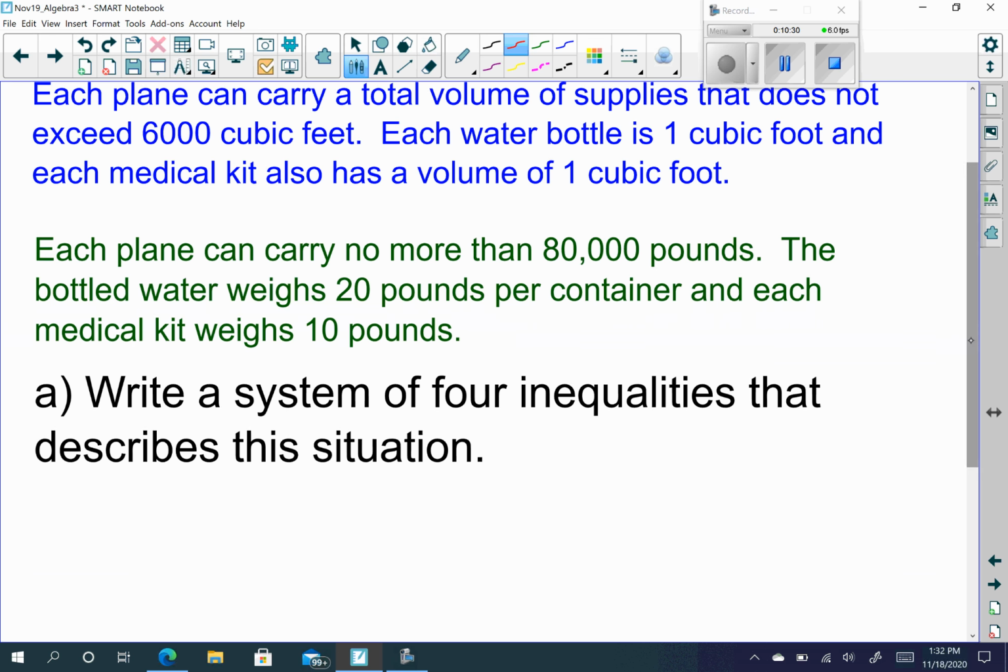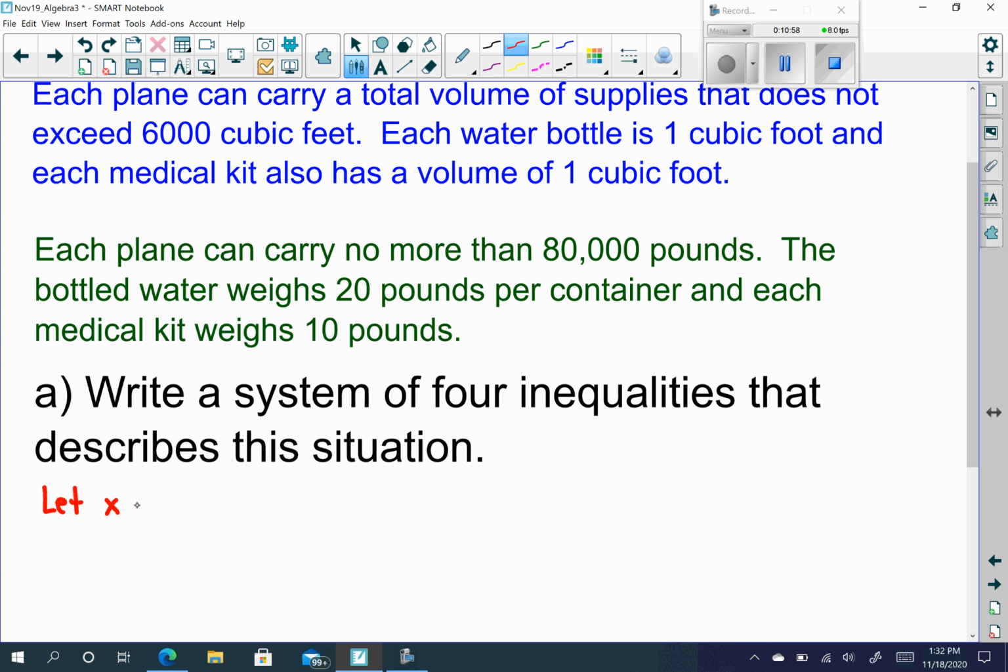All right, anytime we need to set up a word problem with inequalities or equations, we need to represent our variables. We know how much space a water bottle and medical kit take up. We know how much they weigh, but what we don't know, what our question is eventually going to be, is how many of each type of supply we can bring on board.